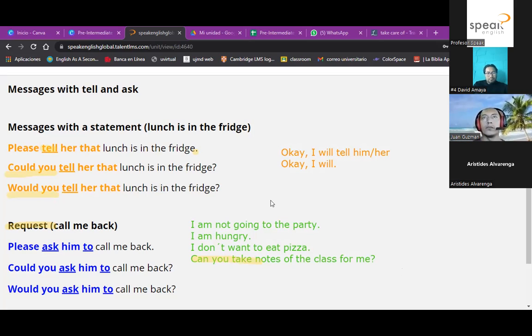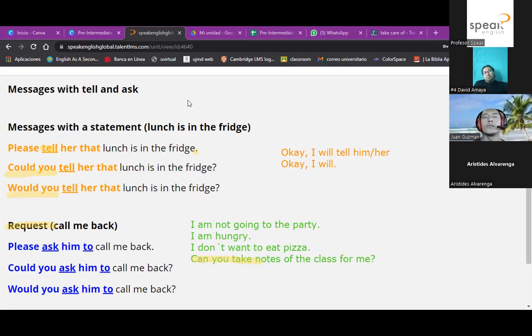En ese caso, si nuestra request ha iniciado con un modal, como por ejemplo, can you take notes of the class? Ya no copiamos, we don't add can you.